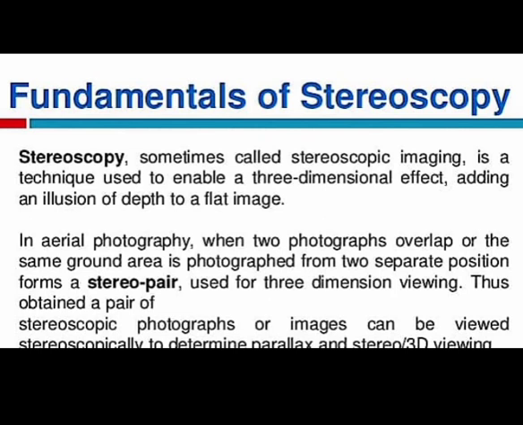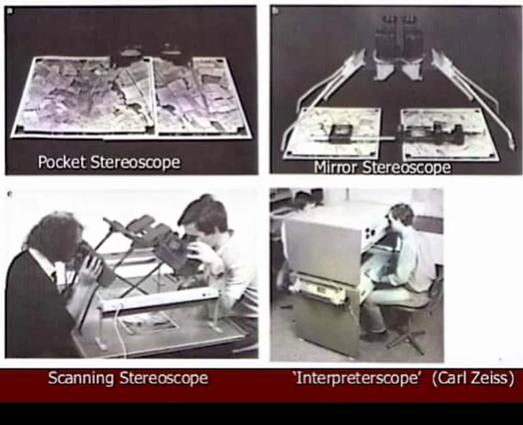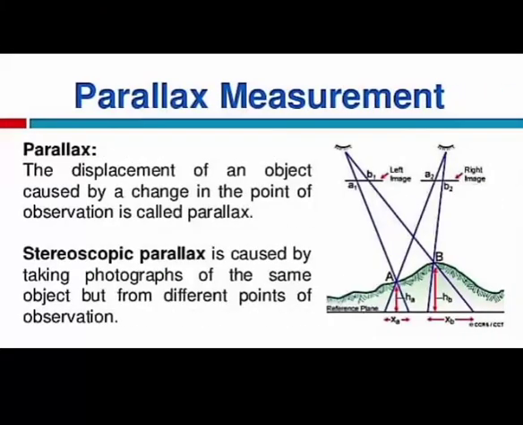Thus, a pair of stereoscopic photographs or images can be viewed stereoscopically in determining the parallax and stereo 3D viewing. Now here you'll be having the stereoscopes which were previously used. Nowadays we have a few softwares where we can get it done, some of the GIS softwares also. Now parallax measurement.